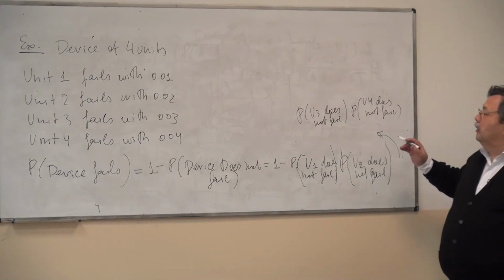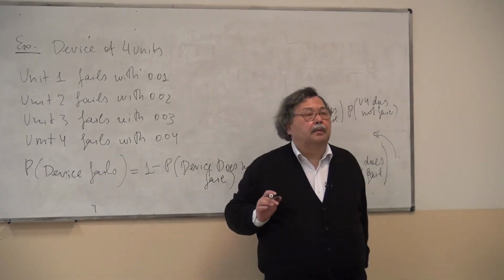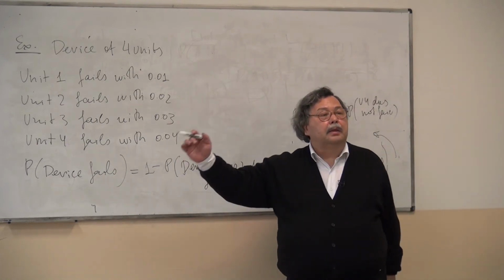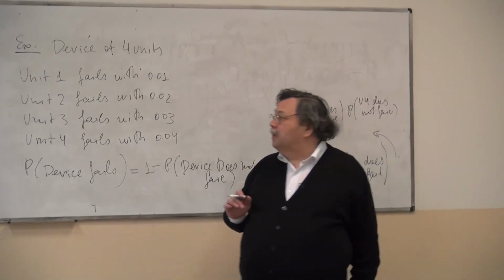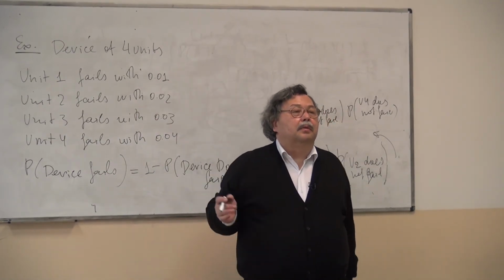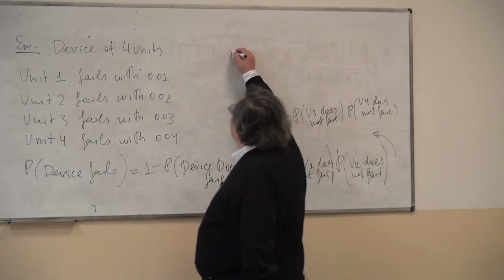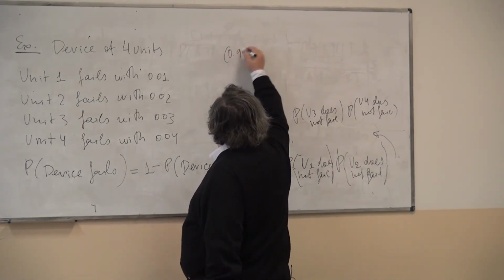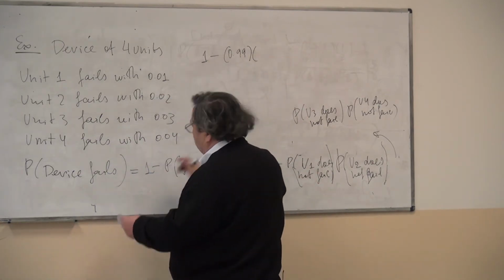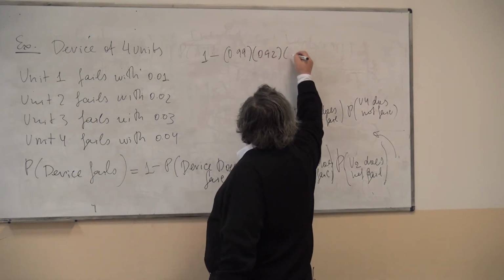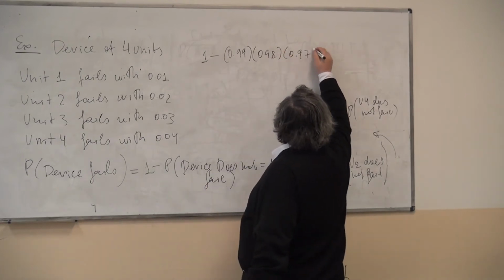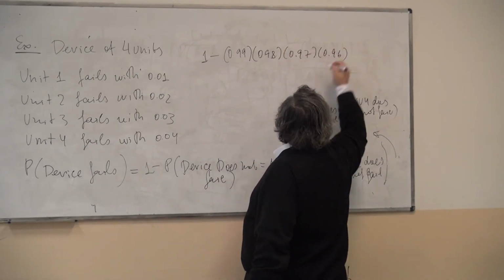Well, how do we compute all this? Do we have enough information to complete this work? What's the probability that unit 1 does not fail within 1 year of exploitation? Because it fails with probability 0.01, then it does not fail with probability 0.99. And here it must be multiplied by the probability for this second unit, 0.8, and so on, 0.7 and 0.6.